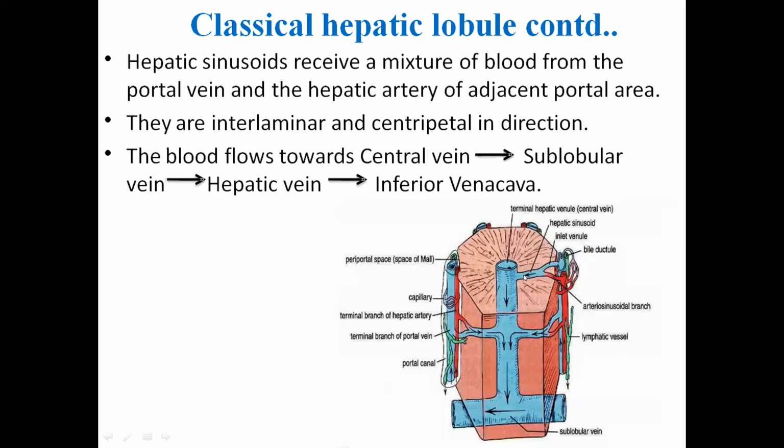Here hepatic sinusoids receive the blood from these venules and arterioles, and it flows towards the central vein. After the central vein, it flows towards the sublobular vein. From the sublobular vein, it drains into the hepatic vein, and from the hepatic vein, it drains through the inferior vena cava into the right atrium of the heart.